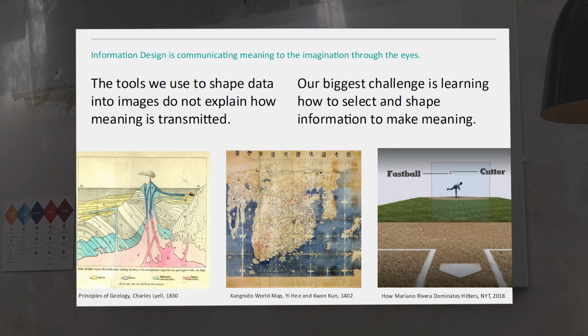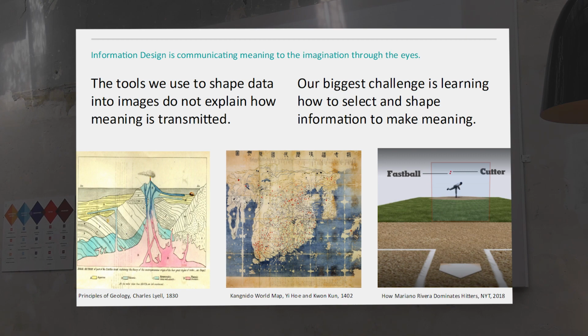Our biggest challenge today is not learning how to write software programs to make use of all the data. Our biggest problem today is mastering the quantities that we record. The tools we use to shape data into images don't explain how meaning is transmitted.